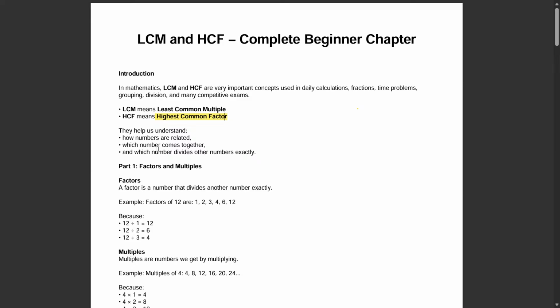LCM and HCF help us understand how numbers are related, which numbers come together and which number divides another number exactly.